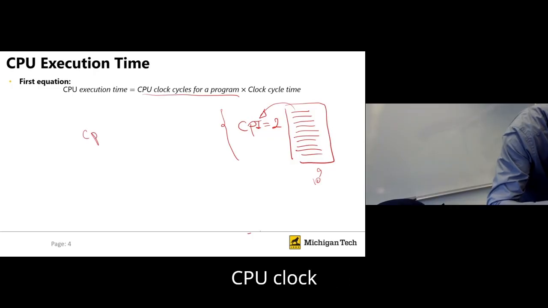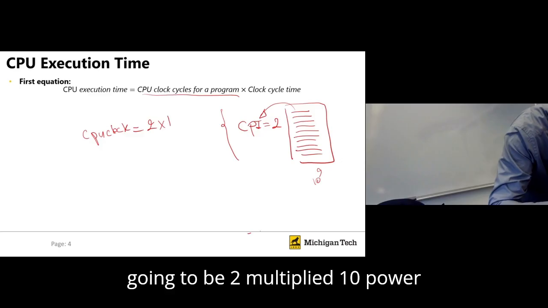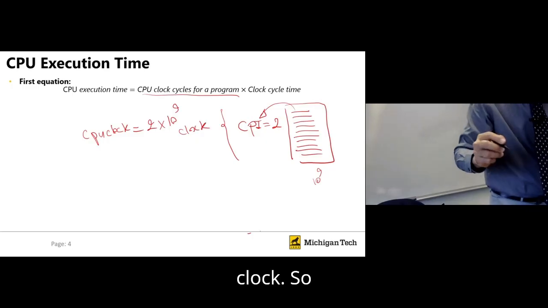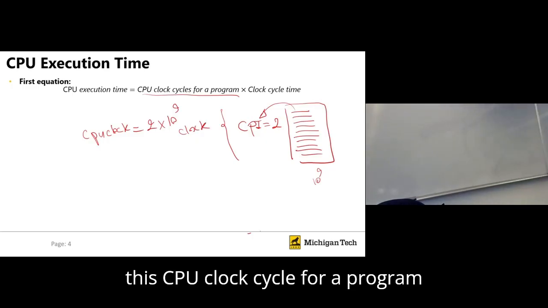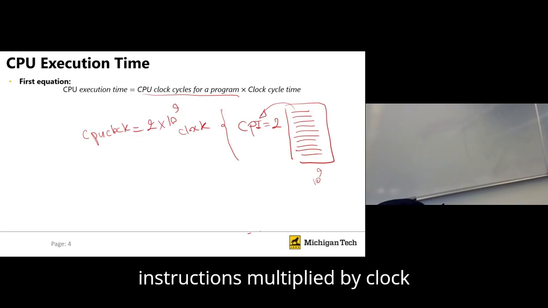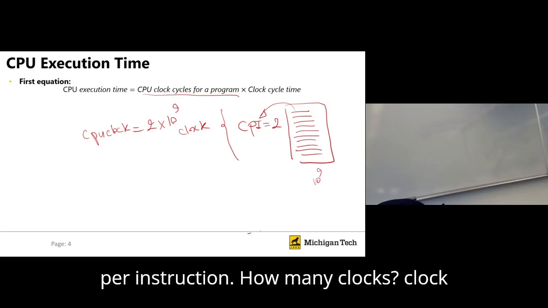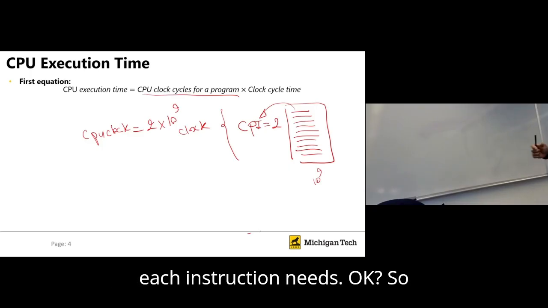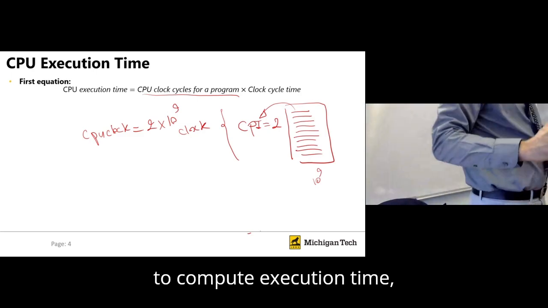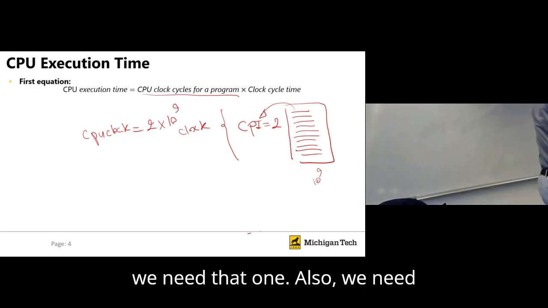So the CPU clock cycles are going to be 2 multiplied by 10 power 9 clocks. So the CPU clock cycles for a program can be computed from the number of instructions multiplied by clock per instruction, how many clocks each instruction needs. Okay, so to compute execution time, we need that one.